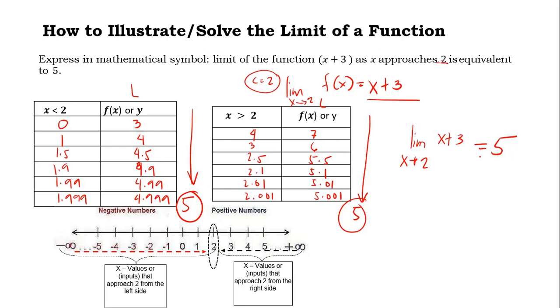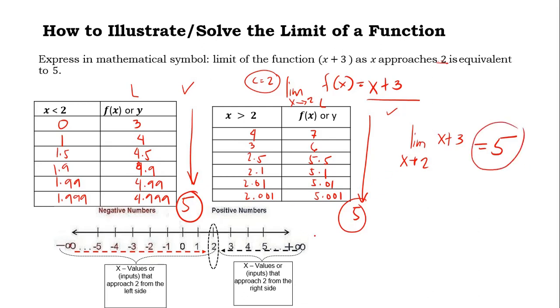Okay? So that is how to get the limit of a function using the table. If the left side and the right side are the same, the limit exists. So the limit exists when the left side approaches a value and the right side approaches the same value. Okay? So that's the limit, 5.